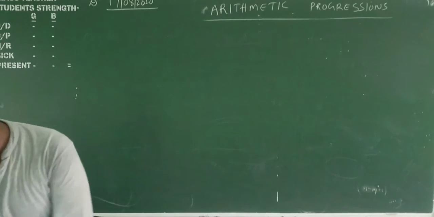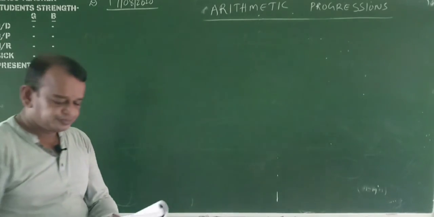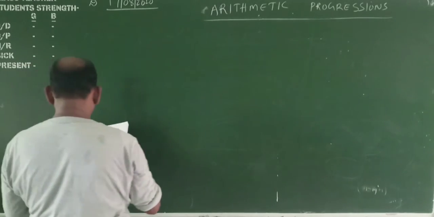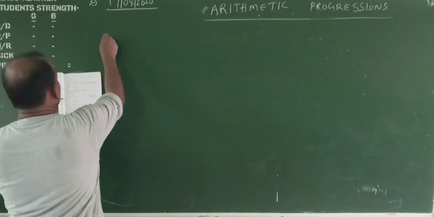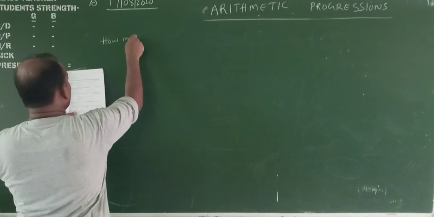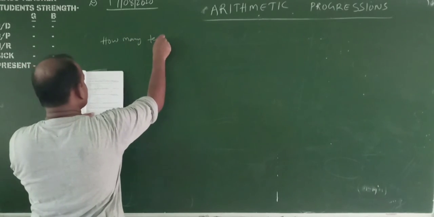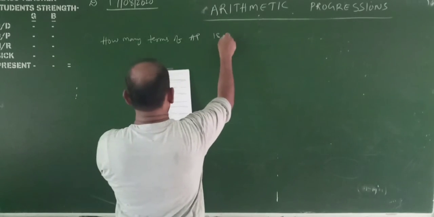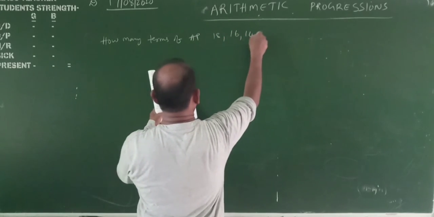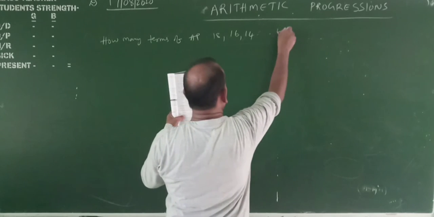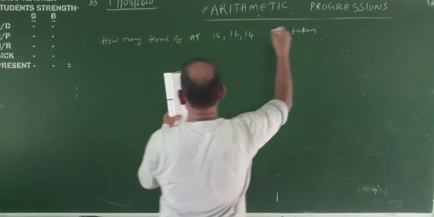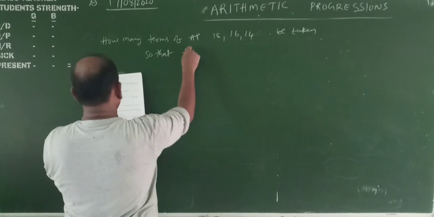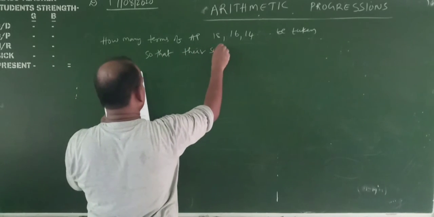The next question is: how many terms of the AP 18, 16, 14, and so on must be taken so that their sum is 0?